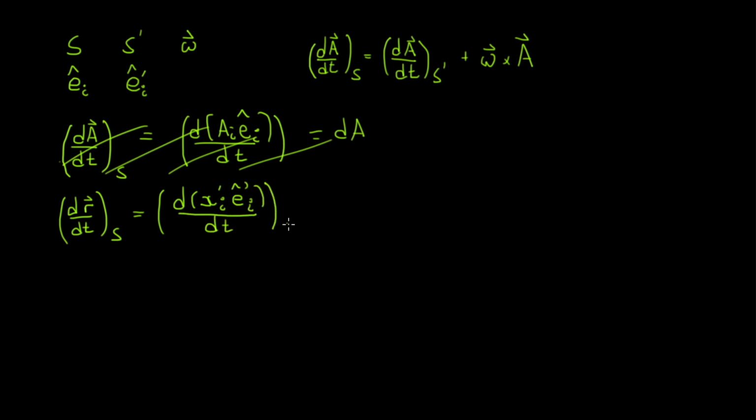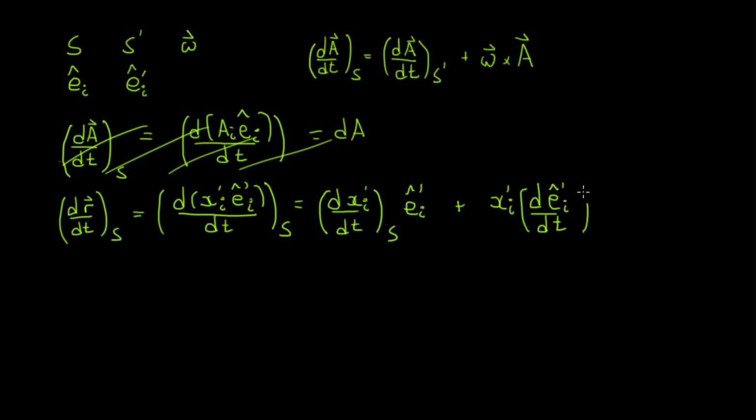And we're doing this derivative in the frame S. So we've expressed R in the frame S prime, and we're taking a derivative with respect to the S frame. Great, fantastic. So product rule, no problem. So we have dx_i prime/dt with respect to the frame S times e_i hat prime plus, and product rule, d e_i hat prime/dt with respect to the frame S.